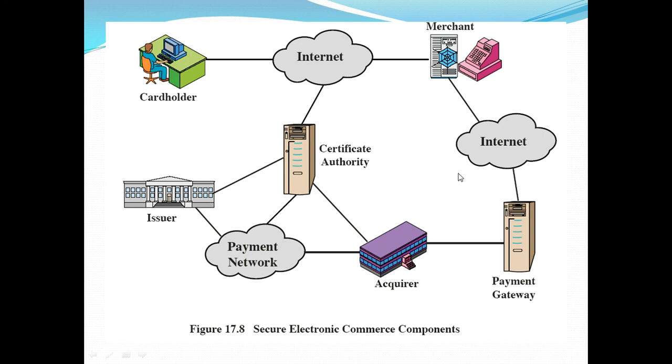Between these, the transactions are made, and all is communicated through the internet only. Is it clear? Issuer means nothing but some financial institution. The payment gateway is a software. So: cardholder, merchant, certificate authority, payment gateway, acquirer, issuer, and the remaining internet and payment network. These are all the SET components.